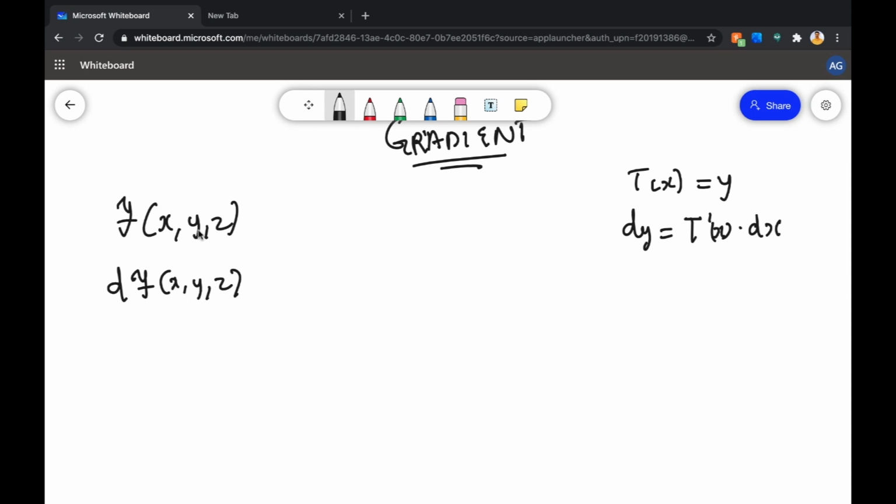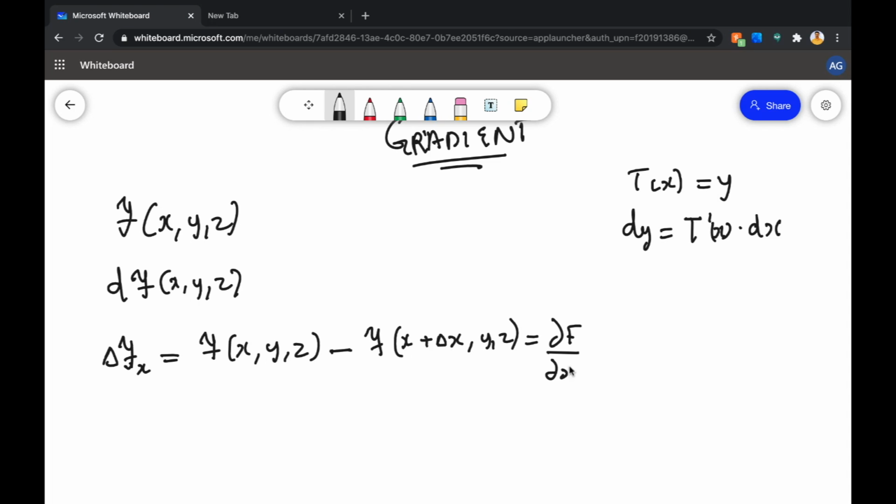Similarly here, if I keep y and z constant and make some small change in x, let's denote the small change in the function due to the small change in x as delta f of x, equal to f of x plus delta x comma y comma z minus f of x comma y comma z, which equals del f by del x, partial differentiation of f with respect to x, dot dx.